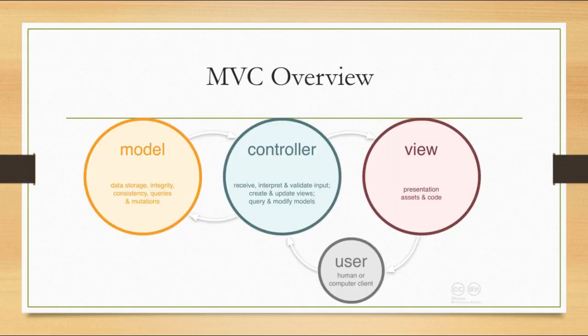Let's look again one more time at our diagram here. Again, the user interfaces with the controller. Last time we discussed the controller, so we have an understanding of how that works. Reminder that the controller talks to the model.